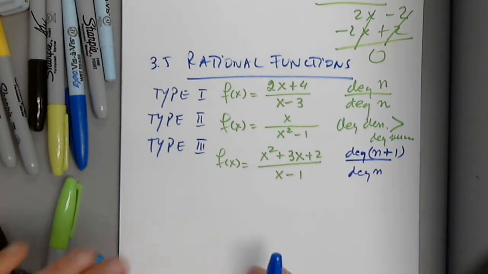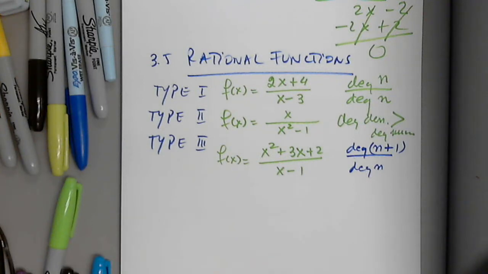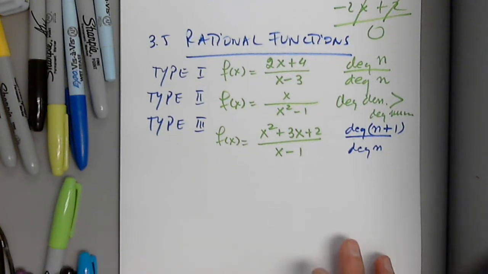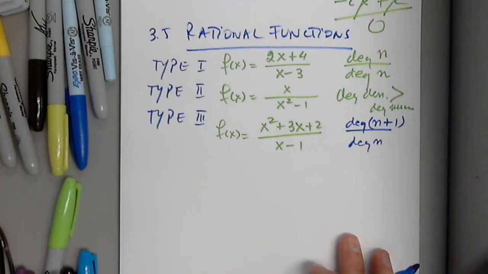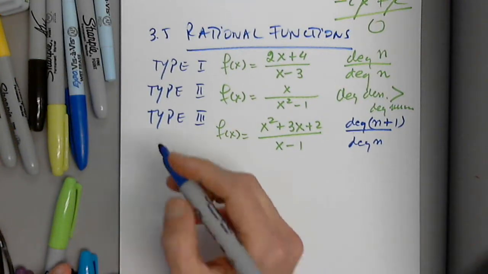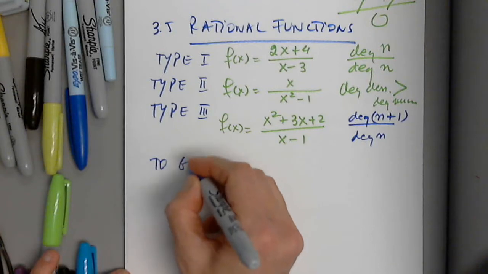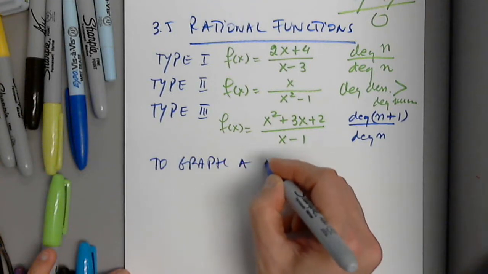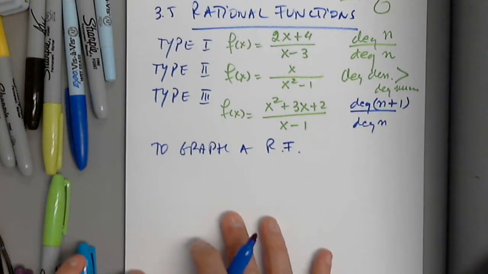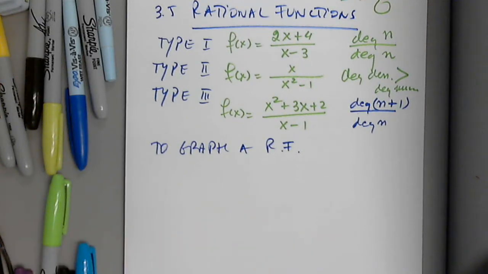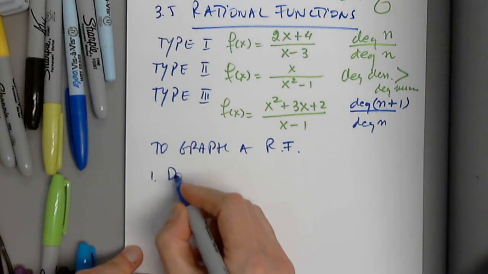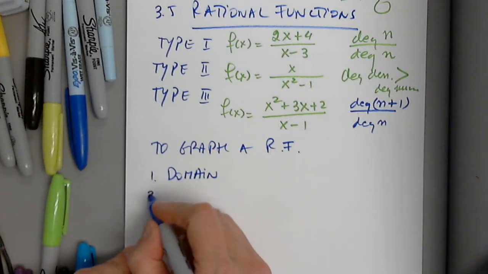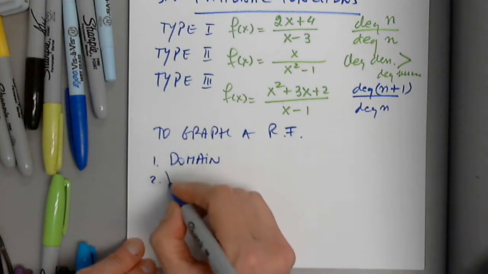So let's start with type 1. But let's present a list of items here. Okay. To graph a rational function, here's a list. I'm going to list everything, but the order is not important. We don't have to present them in this particular order. So here it is. 1, domain. 2, vertical asymptotes.